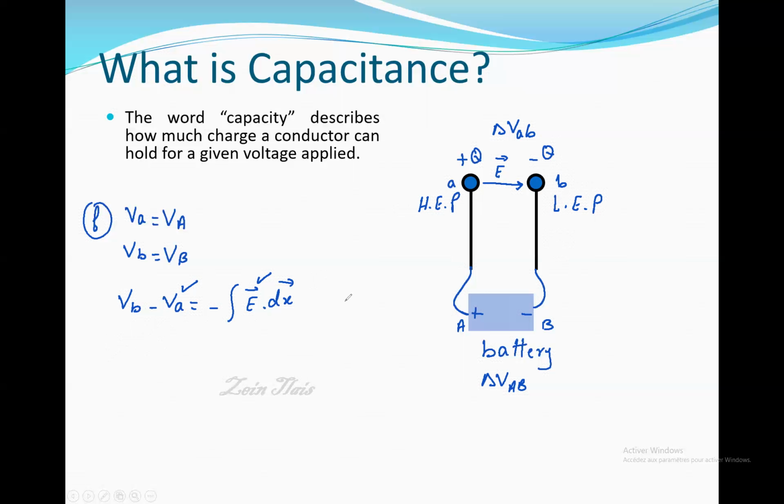So the quantity here must be negative. But we are talking about delta V. Delta V must be positive. In this case, we can say delta V equals the absolute value of VB minus VA. So this value must be positive.